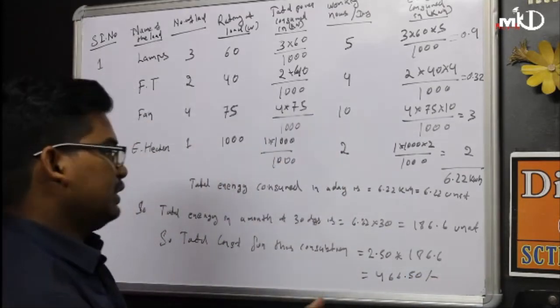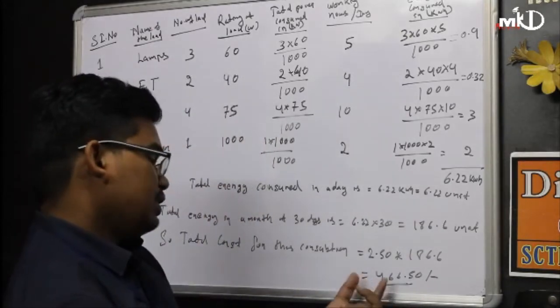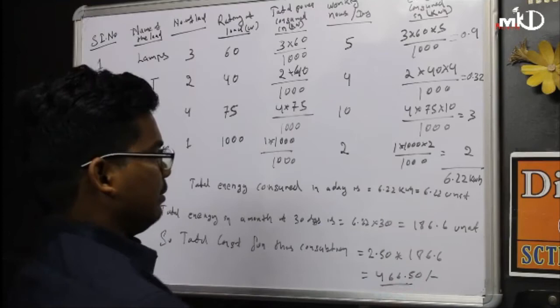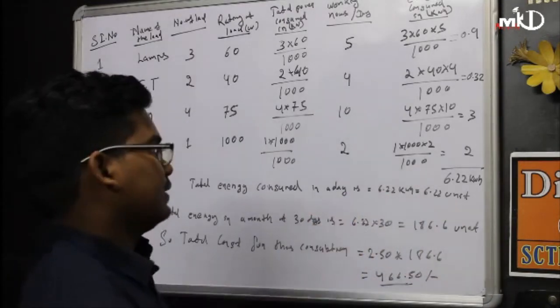So this is the answer. So 466.5 rupees is paid to the electricity board for this consumption for this month of 30 days.